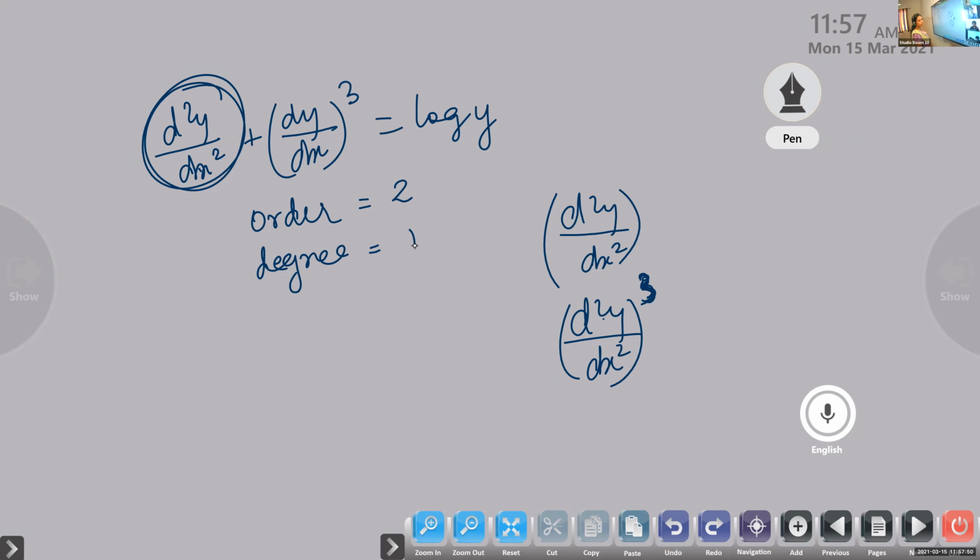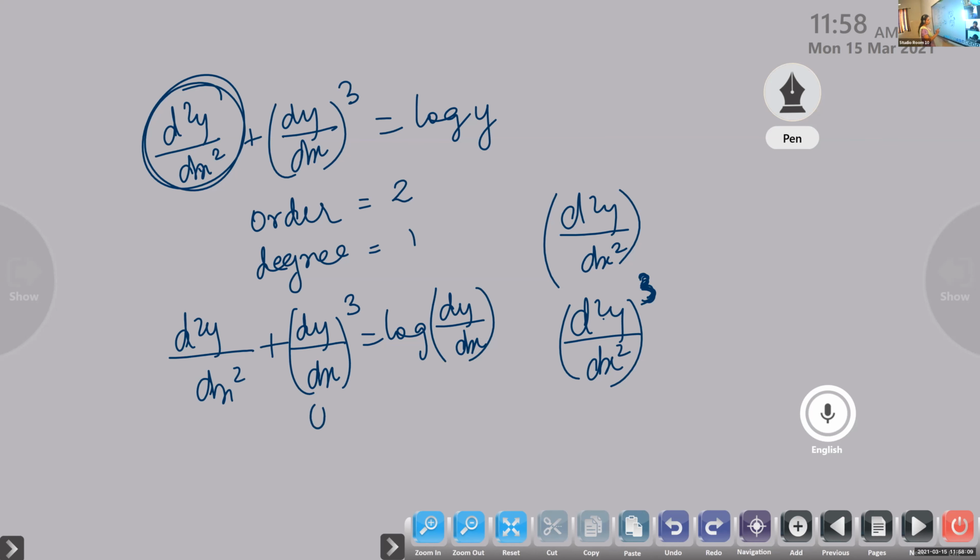Aparna, are you getting these answers? Yes, ma'am. Write the next one: d square y by dx square plus (dy by dx) the whole cube equal to log of dy by dx.